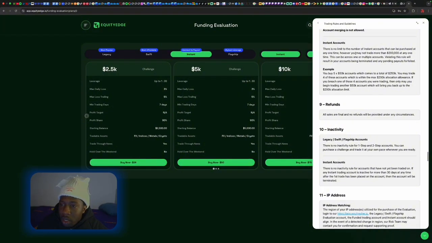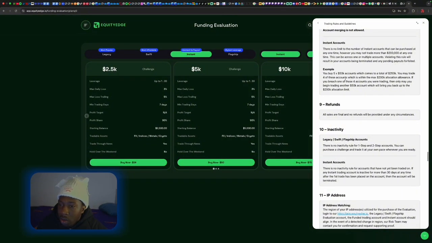Merging accounts. There is no limit to the number of instant accounts that can be purchased at any one time. However, you may not trade more than 200,000 at any one time. This can be across multiple accounts.